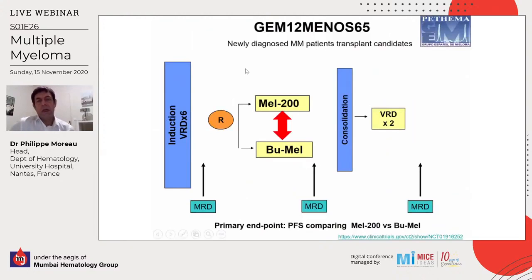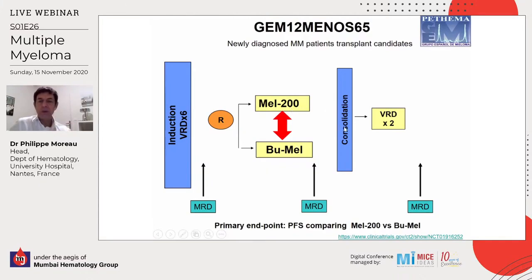So this is the study design of the Spanish group. They proposed VRD times 6 as induction, followed by stem cell transplantation prepared either with MEL200 or BuMEL.